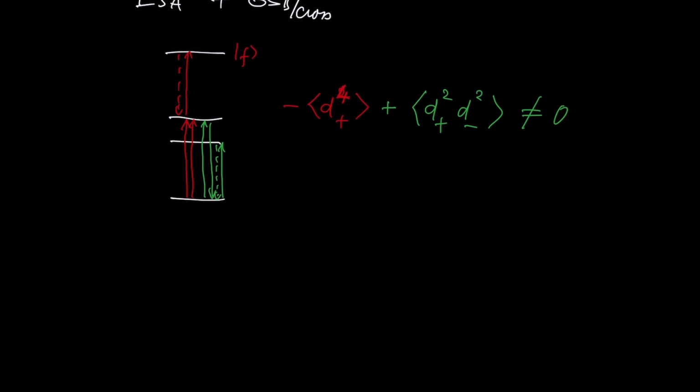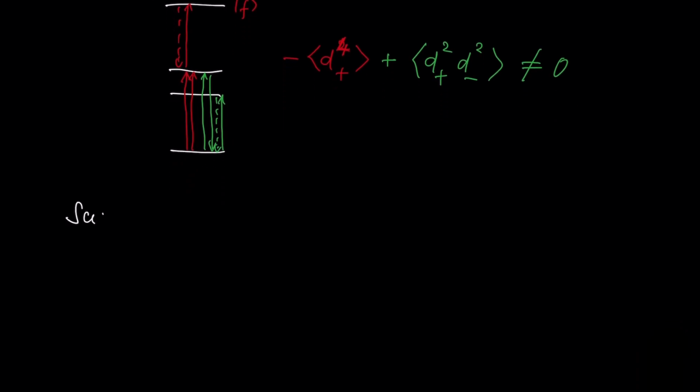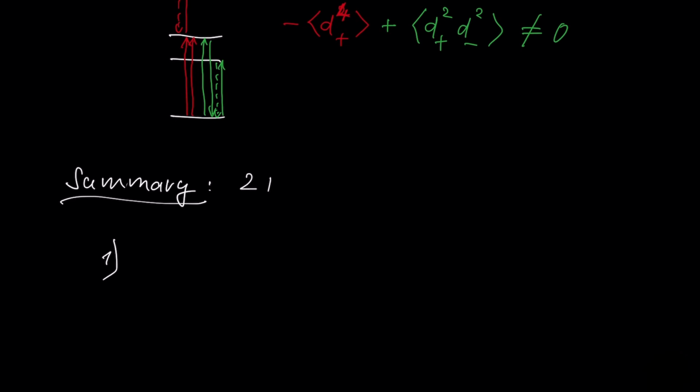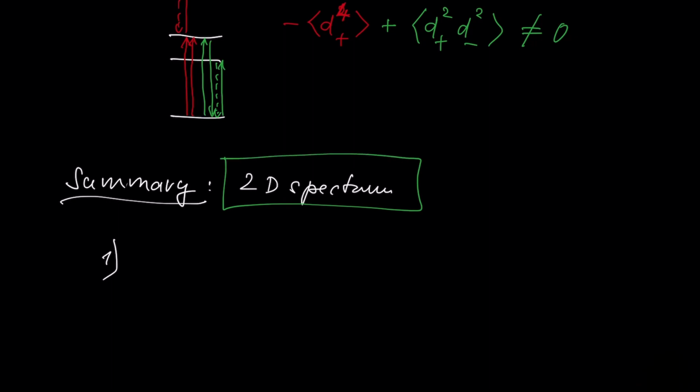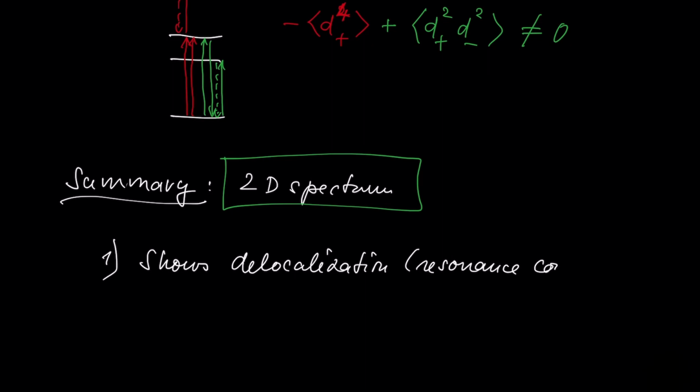Okay, that can lead us to some sort of a summary about the properties of the 2D spectrum. Basically, the main properties are the following. The 2D spectrum is a very powerful method. 2D spectrum shows delocalization, that is resonance coupling between the molecules.